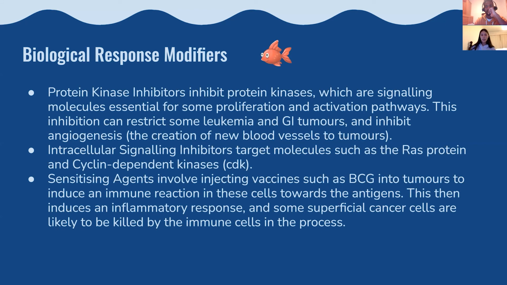We've got intracellular signaling inhibitors, which target molecules such as the RAS protein and cyclin-dependent kinases, and then sensitizing agents, which involve injecting vaccines such as BCG into tumors, which induces an immune reaction towards the antigens. This then induces an inflammatory response, and some superficial cancer cells are likely to be killed by the immune cells in the process.